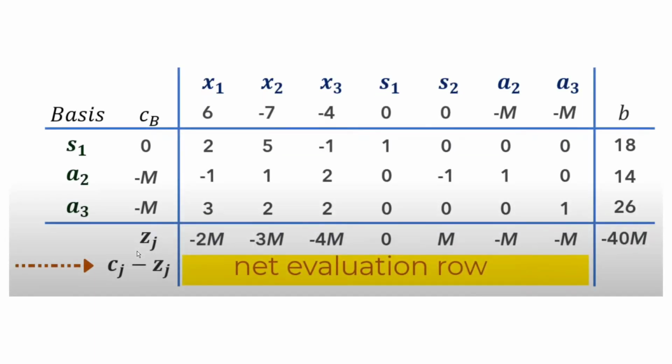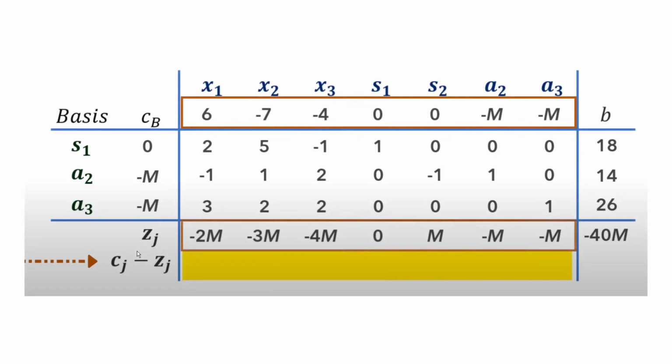For the CJ minus ZJ row, or what we call the net evaluation row, we take the objective coefficient row and subtract the ZJ row. So 6 minus negative 2M gives 6 plus 2M.